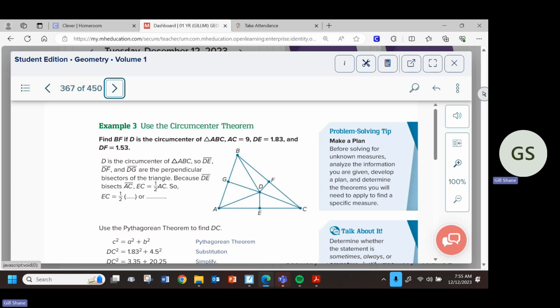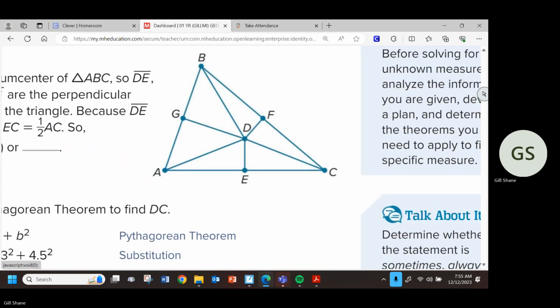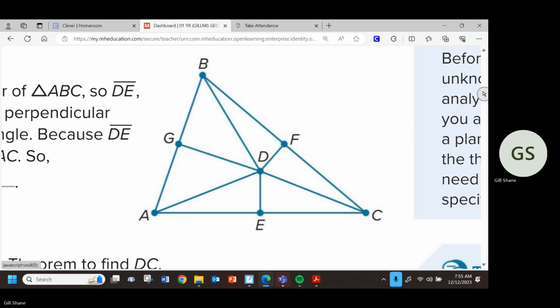If I give you an image like that, I'd tell you that point is the circumcenter of the triangle, and that's all I'd give you.